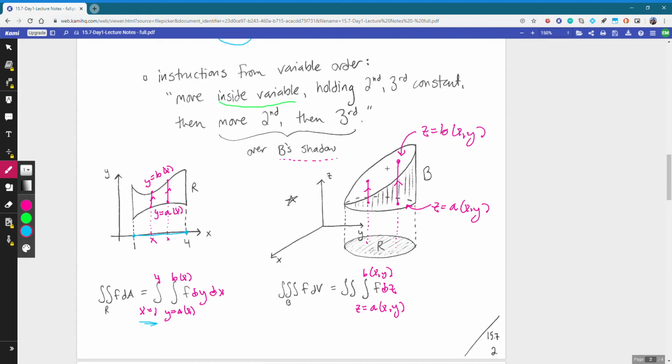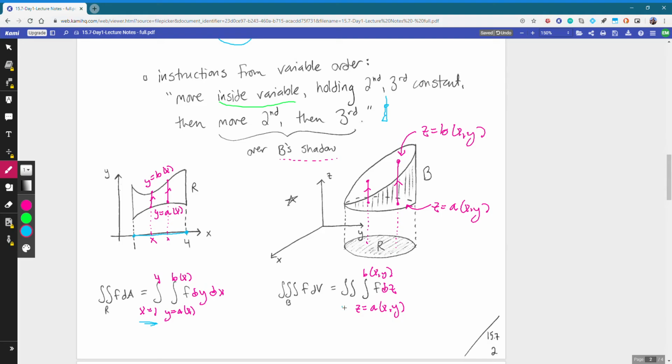And so here we've taken the z direction shadow, kind of imagine having a flashlight up here. Oops, there it is. That's a flashlight, shining down on this thing, just perfectly flat on either side. This thing projects down and gives us this region R as a shadow.